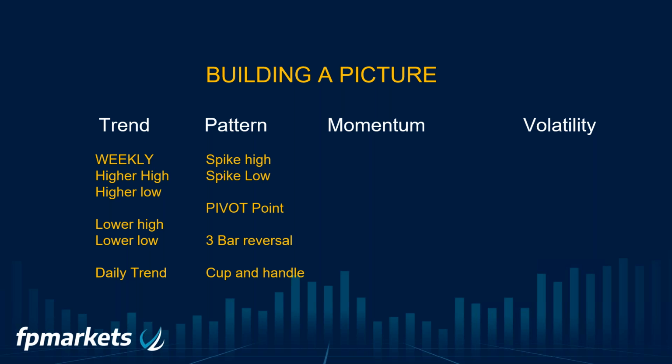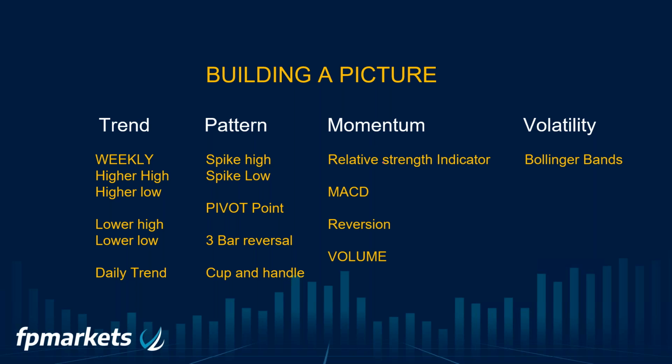The second week, we looked at this concept around spike highs and spike lows and pivot points and 3-bar reversals and this cup and handle arrangement in here. And then this week, we looked at momentum and volatility. Momentum is based around your relative strength indicator, your MACD and reversion tools, and volume will give you early signs of potential momentum.